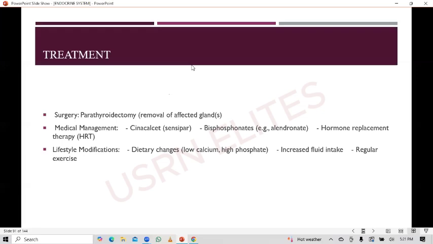And why is it contraindicated in patients who cannot sit up? Because it would cause esophagitis.